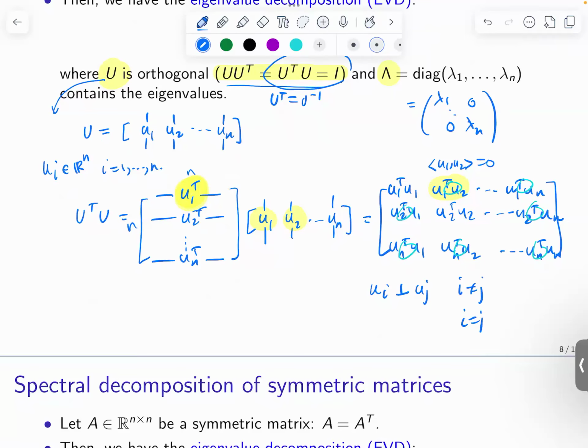On the diagonal, because it's equal to the identity, we have ones. So basically ui transpose ui is 1, which happens to be the norm of ui squared. So in other words, the norm of ui is 1. Okay, so these are called unit vectors. So every column is a unit vector of norm 1, and then the columns are orthogonal to each other.